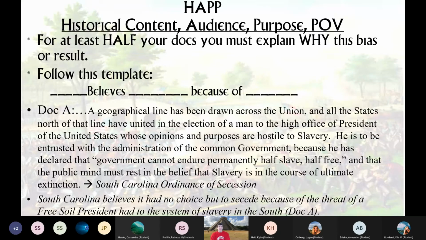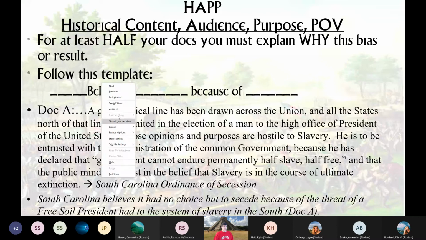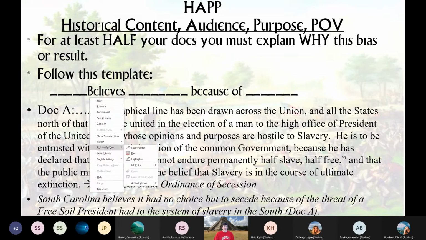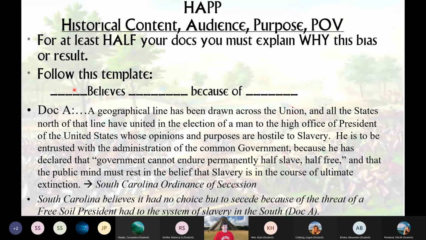Here it is. South Carolina believes it has no choice but to secede. So it has no choice but to secede because of the threat a free soil president had to the system of slavery in the South.